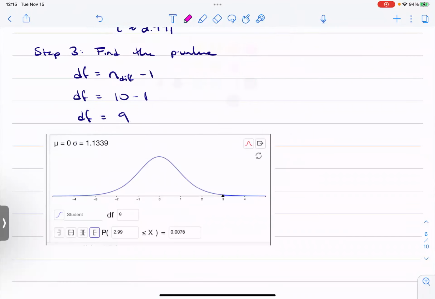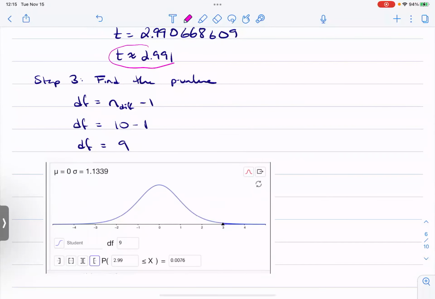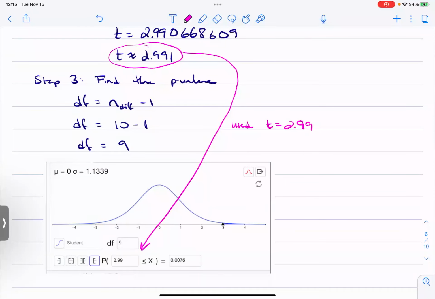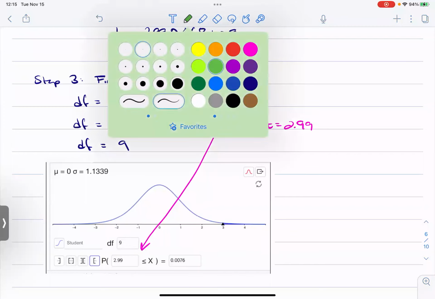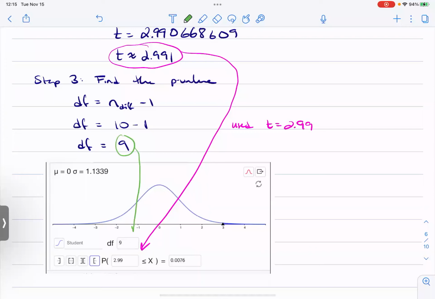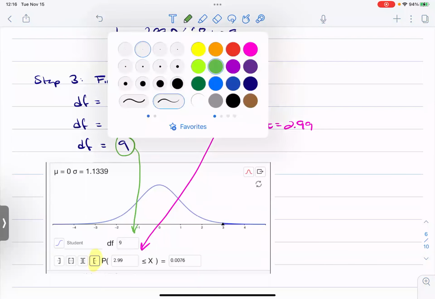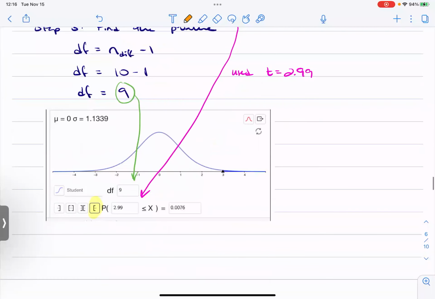Just as a note here, I just used T of 2.99. That was weird of me, but that's what happened. Your 9 degrees of freedom goes in here. Just remember that you have a one-sided test, and in fact, you need the upper tail, and then the p-value is this one here.